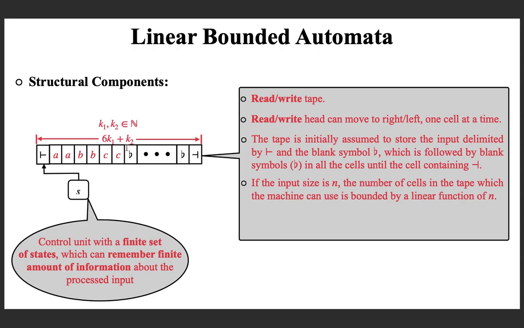So initially, after the last symbol, all the cells that you can use in the tape are filled with blank symbols, and at last a right hand marker. Beyond the right hand marker you cannot move, and this machine can move its read write head to the right or left any number of rounds. You can move all the way to the right, come back, and you can repeat that any number of times that you want.